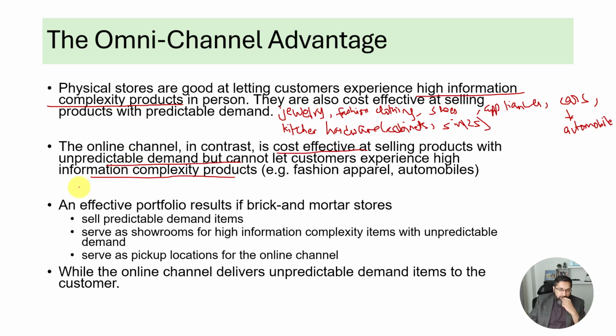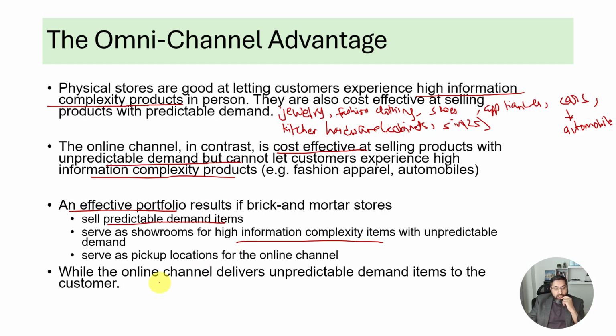Okay, so an effective portfolio, you can sell predictable demand items as well as informationally complex items at retail stores. And you can use retail stores as pickup locations for smaller orders where it's not cost effective to ship the order to the customer's home.